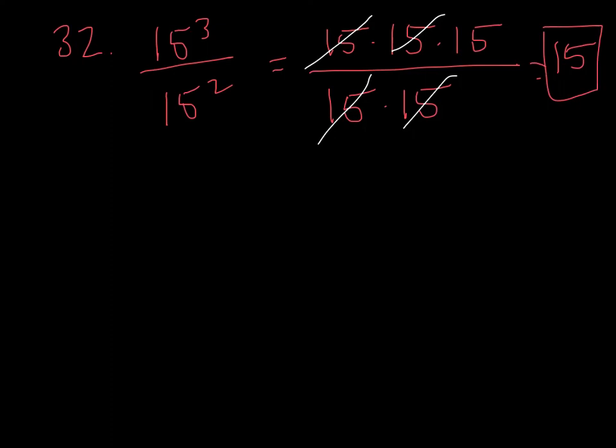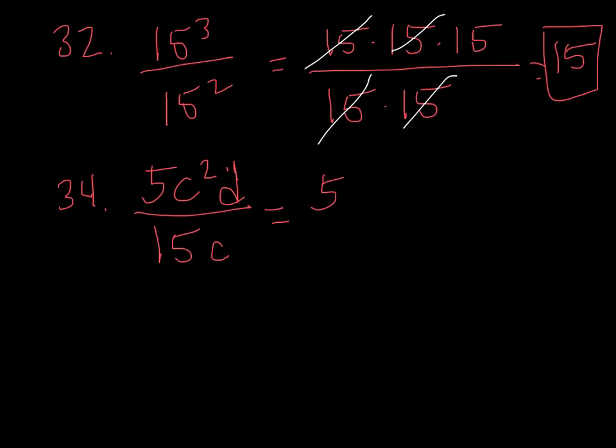I think I'll do 34 as well. 34 says 5c squared d over 15c. So now I have to write it out. 5 I can't prime factorize because 5 is a prime number. 5 times c times c times d all over 15, which I can write as 3 times 5 times c.